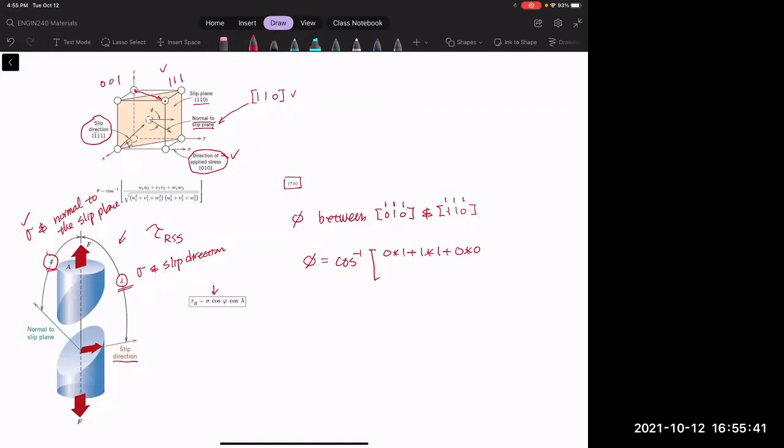That's U1 U2, V1 V2, and so on. At the bottom, you have the square root of U1 square plus V1 square plus W1 square, so that will be 0 square plus 1 square plus 0 square, multiplied by 1 square plus 1 square plus 0 square.